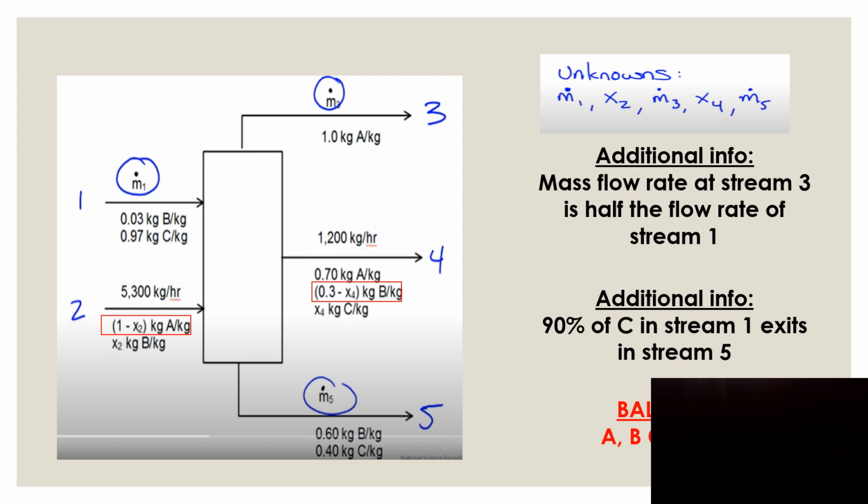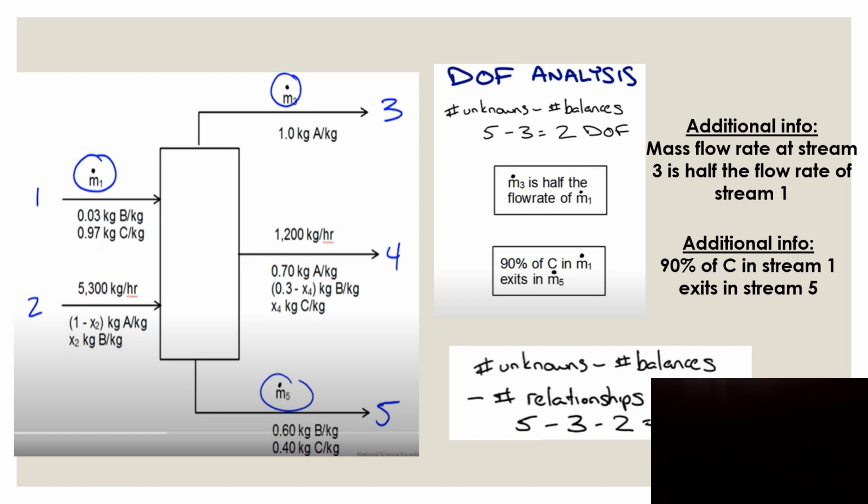Even though we can write an overall balance for this problem, because the overall balance consists of A, B, and C, that equation is dependent. Okay, so at the end we have 5 unknowns. So when we want to determine the DFA, we take the number of unknowns minus the number of balances. We have a degree of freedom of 2.